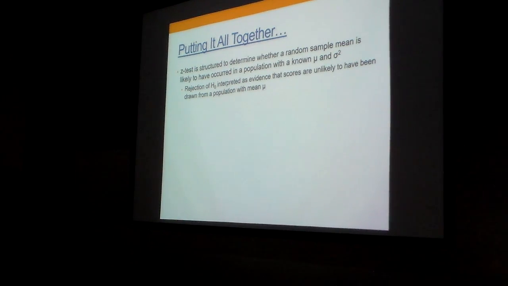And so I get a random or representative sample of undergraduates at university, and I give them achievement tests, and I find that they have a mean equal to 106, right?